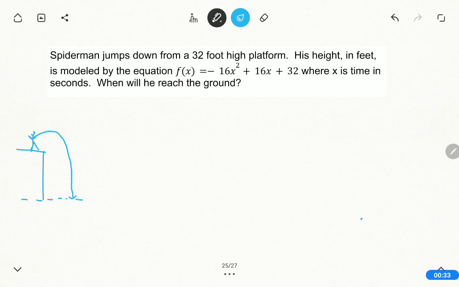So typically, when you're talking about a word problem, 0 is the height of the ground. That's typically how things are referenced. Unless otherwise stated, ground is usually a good reference point to be 0. And by the fact that it says 32 feet high platform, we're going to be referencing that from the ground.